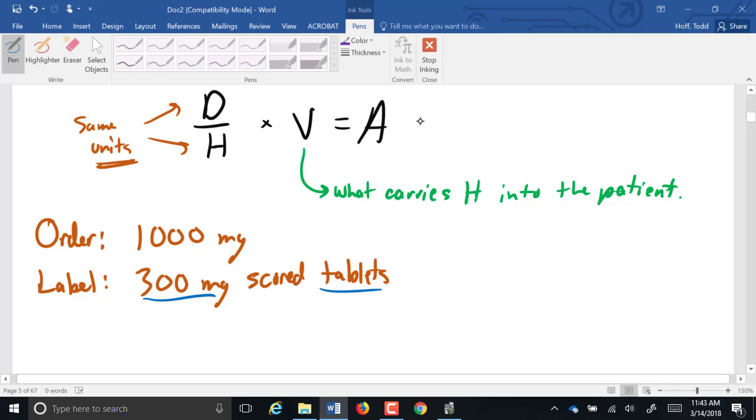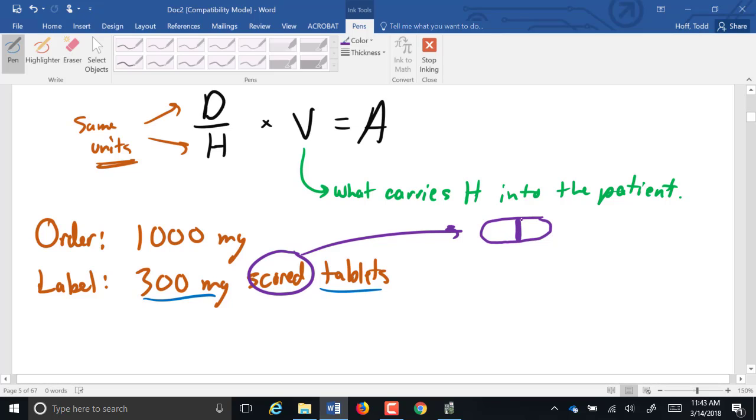But the scored does have significance. What that scored means is that those tablets, and I'm sure you've seen them, have a line across them, an indentation across them, where they're partially cut through already.